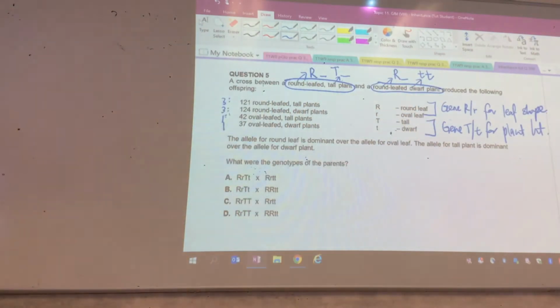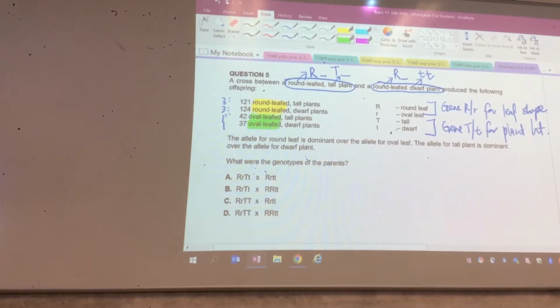Alright, so if we look at the gene locus for leaf shape, what is the ratio that you get in the offspring? Let's take a look at the leaf shape first. You take the round leaf, and then you take the oval leaf, and you group them together.